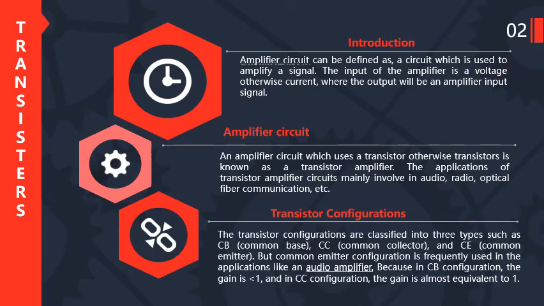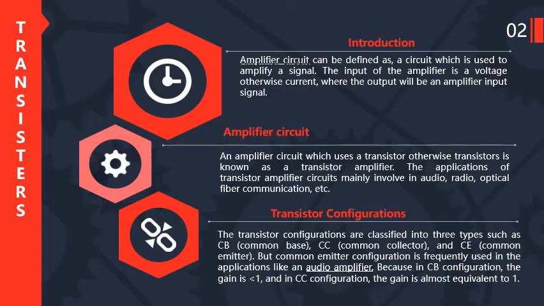Next is the transistor configuration. We know about the configuration of the transistor. In a previous lecture we discussed that. The transistor configurations are classified into three types: common base, in short CB, common collector, in short CC, and common emitter, in short CE.